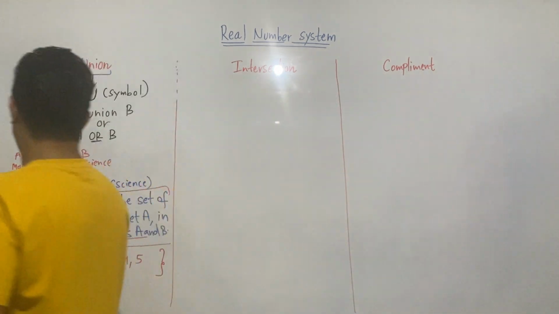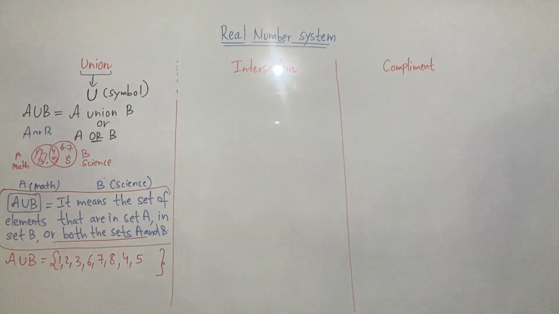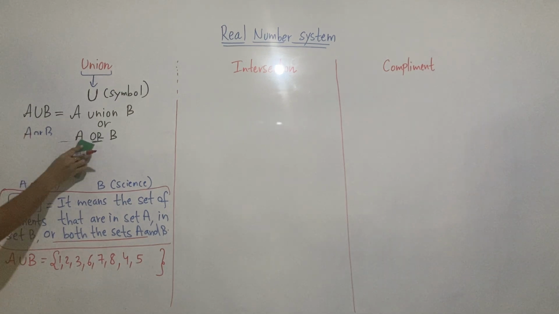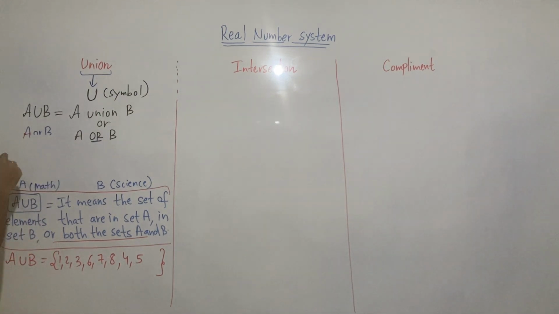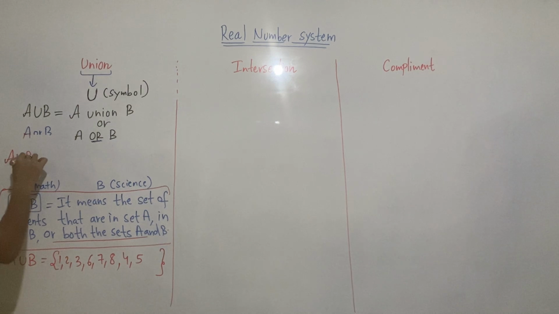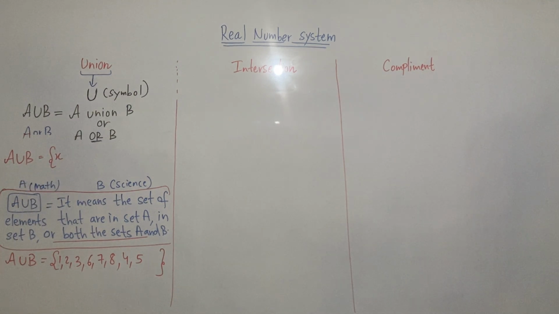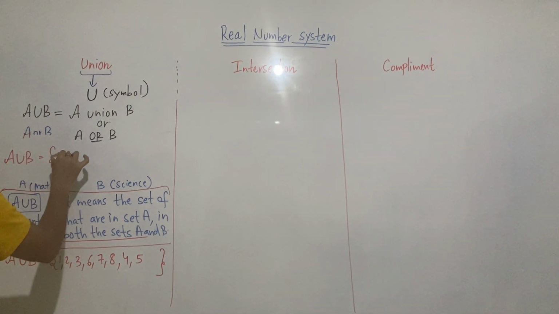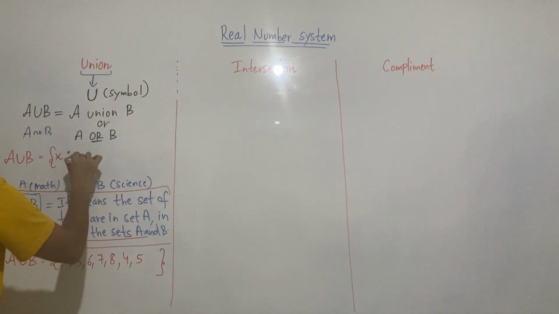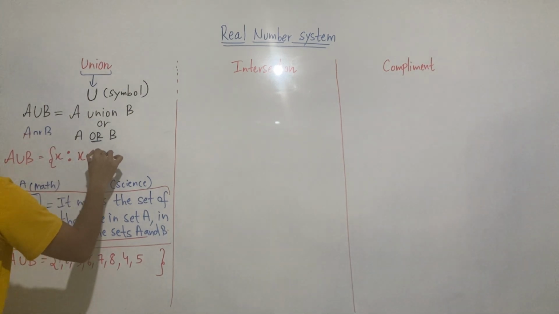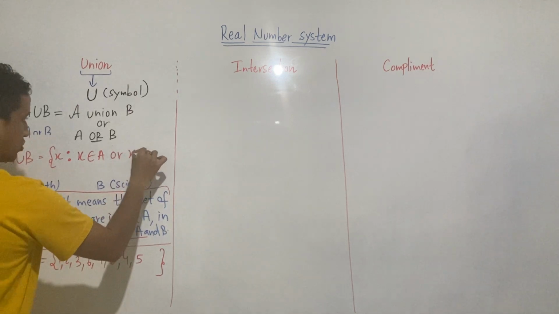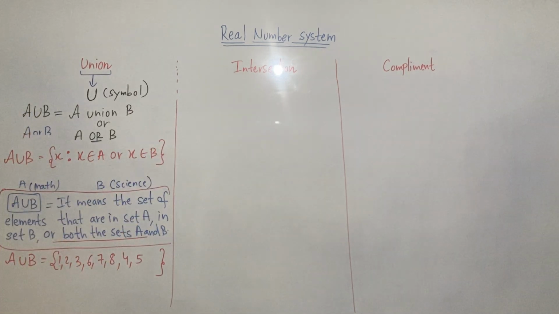Okay, now if I have to represent this, I can say that A union B represents the set of elements such that X belongs to A or X belongs to B, right?